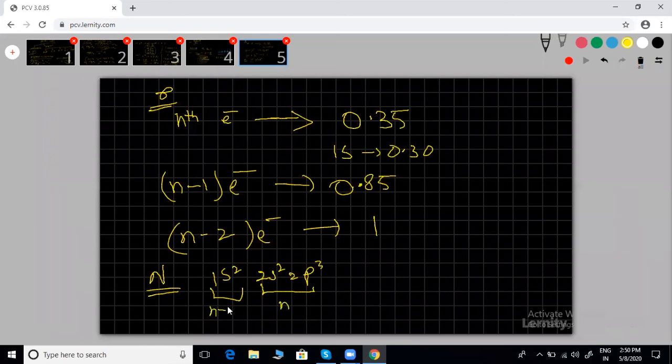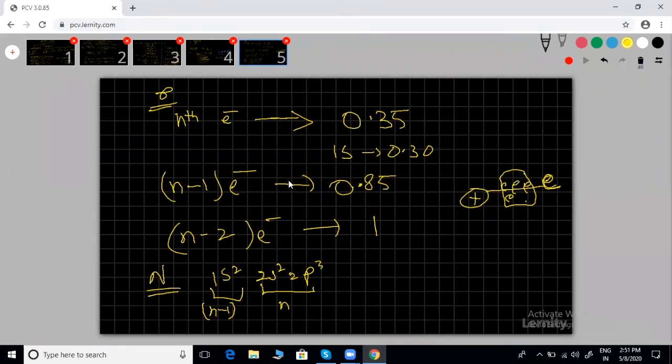This is n minus 1. So in the nth shell, how many electrons are there? When you are calculating, you have to leave one electron, because we are calculating the screening effect with respect to the last electron. Except that electron, the remaining electrons can act as a screen. So the last electron we have to remove; we should not consider it. The remaining electrons act as screen. That's what we need to calculate here.